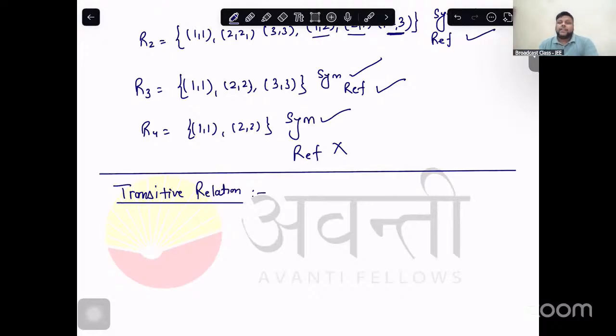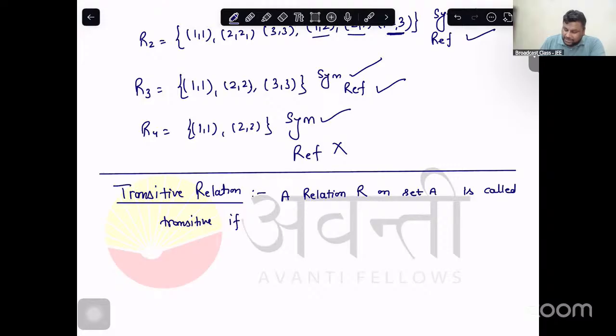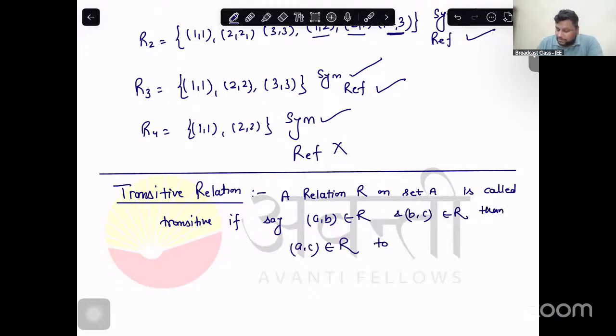A relation R on set A is called transitive if, say, (a, b) belongs to R and (b, c) also belongs to R, then (a, c) should also belong to R to make it transitive.